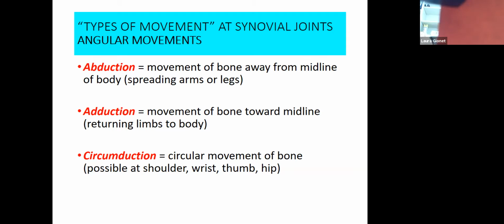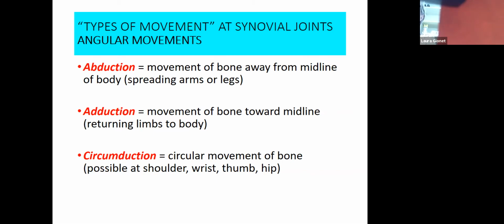So abduction is movement of a bone away from the midline of the body, sort of like standing in anatomical position, letting your arms be at your side, but then raising them out toward your shoulders, up toward the ceiling. Right? That's abduction. Adduction is returning those bones back toward midline. All right. So add, like adding two numbers together, bringing closer together toward midline.